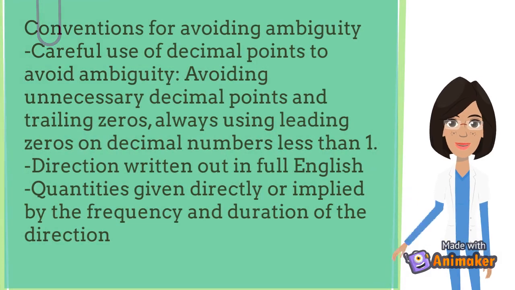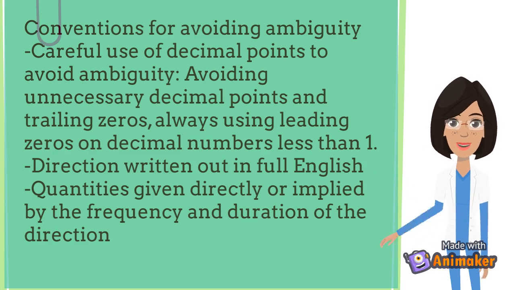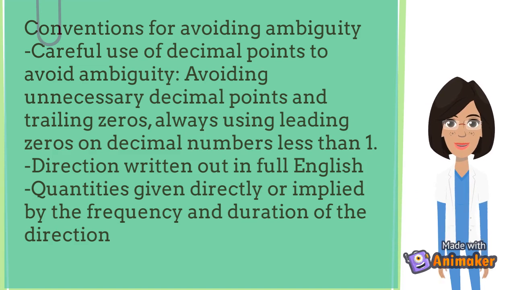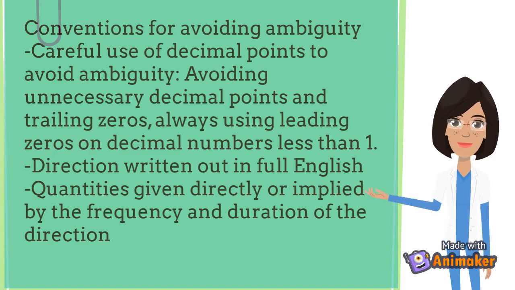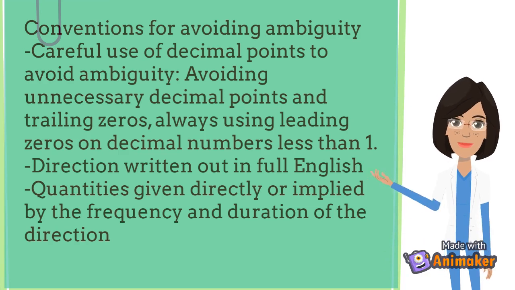Conventions for avoiding ambiguity. Over the years, prescribers have developed many conventions for prescription writing, with the goal of avoiding ambiguities or misinterpretation. These include careful use of decimal points to avoid ambiguity, which means avoiding unnecessary decimal points and trailing zeros. Always using leading zeros on decimal numbers less than 1.